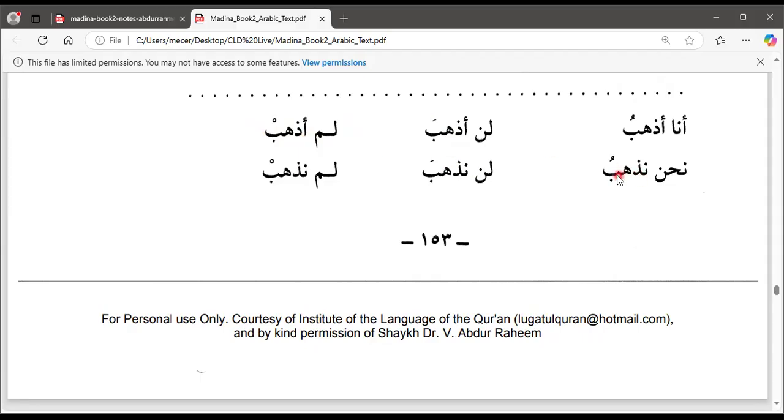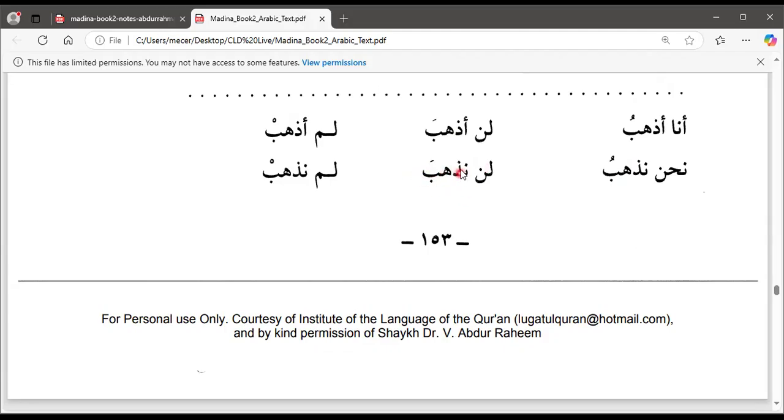Nahnu nadhab. This is fi'l mudari' marfu', alamatu rafa' bi sukun. Not bi sukun, bi dhamma, because it is marfu'. Lan nadhaba.